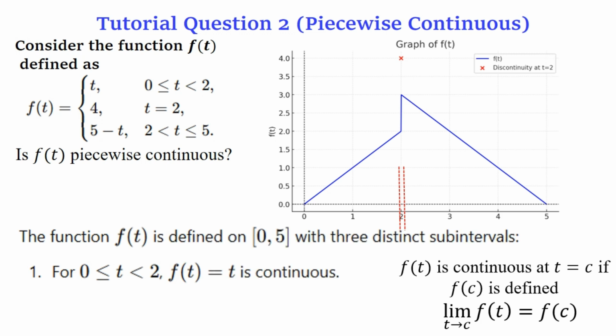Before we leave this slide, we need to call our attention to the fact that this function f of t is indeed defined at all points between 0 and 5, although the definition has some special conditions at 2.